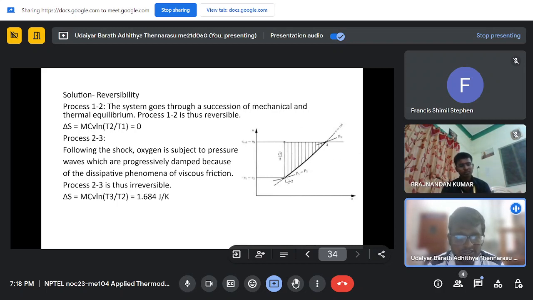But you have U3, the system internal energy. You will have some kinetic energy that is being added to the oxygen internal energy, so there is a total energy of the system. So what's happening in 2-3 is that U3 is constant.